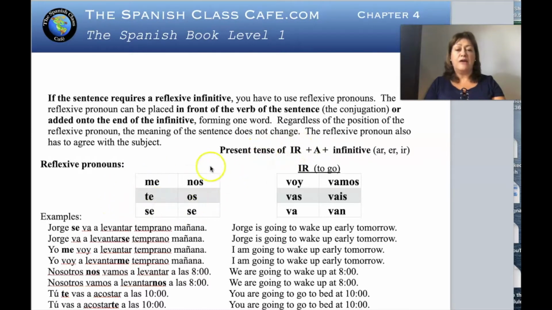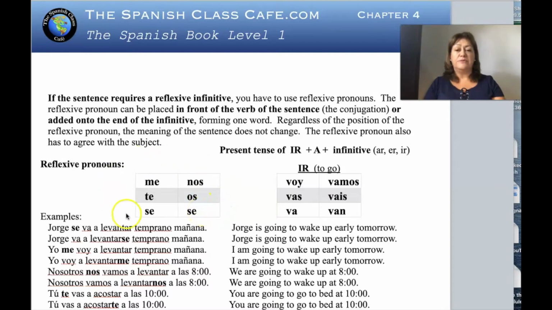Okay, here we have the reflexive pronouns. Let's remember the reflexive pronouns. That's the me for yo, yo me, tú te, él se, ella se, usted se. Nosotros nos, vosotros os, ellos se, ellas se, and ustedes se.